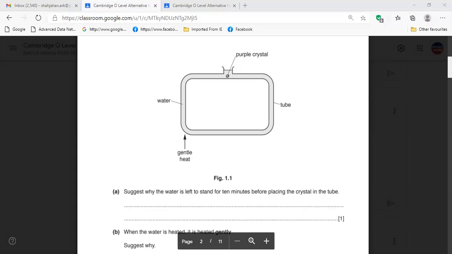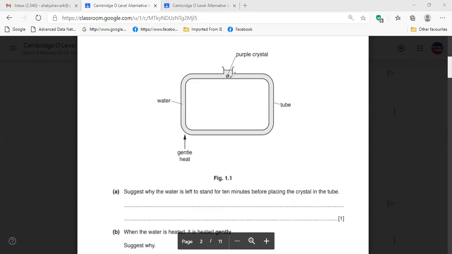Tamjid, what did you write? Sir, I could not write this. Okay, so you understand the discussion we did. We want to observe here the convection process. So if we are not allowing this water to settle, then there might be some shaking or vibration of the water molecules, and the movement of water molecules will be left, upwards, in different directions, right?